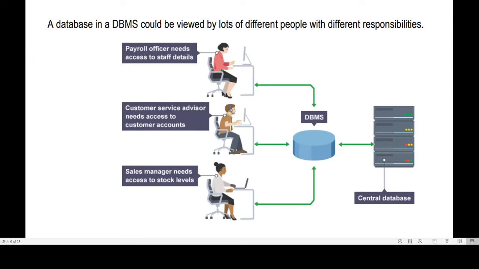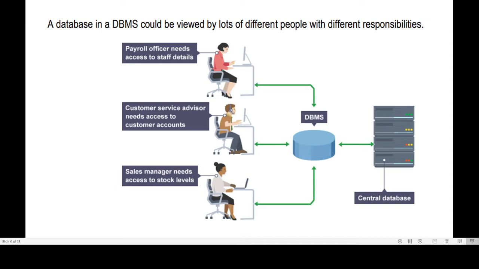Now, as I said, the database can be viewed by a lot of different people, because it stores the data of interrelated things. So, for example, in an organization, various employees will be there, having various portfolios or designations. So, each person will require different data. It may not be the same data to be accessed.